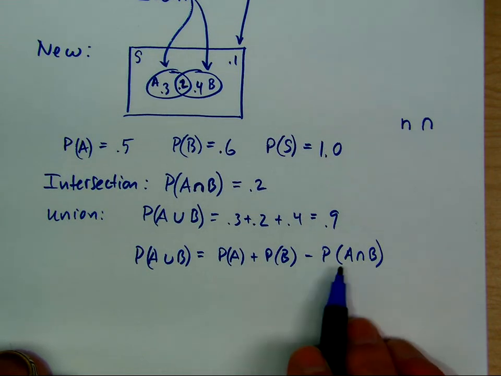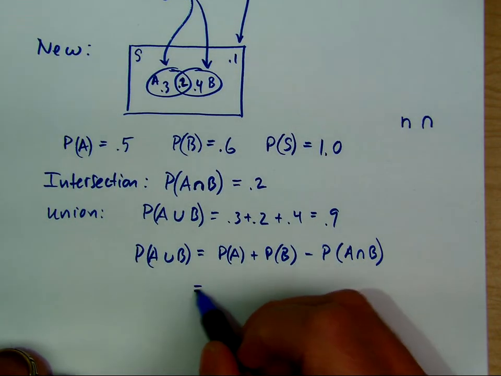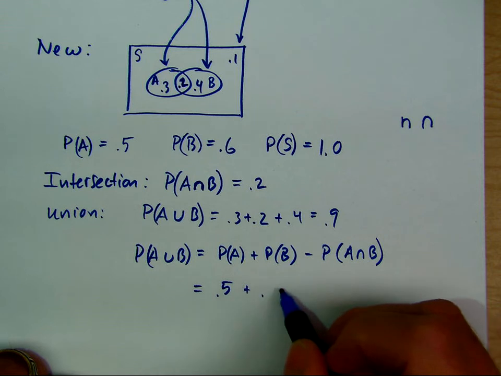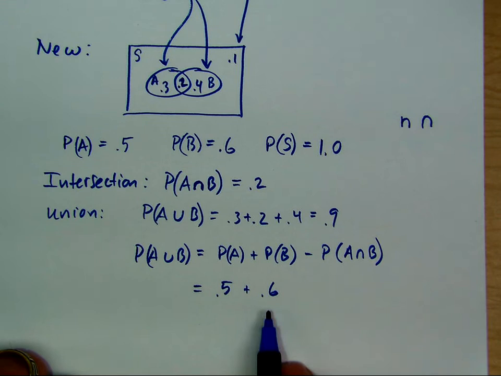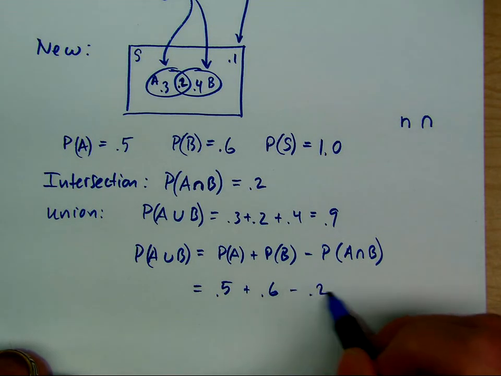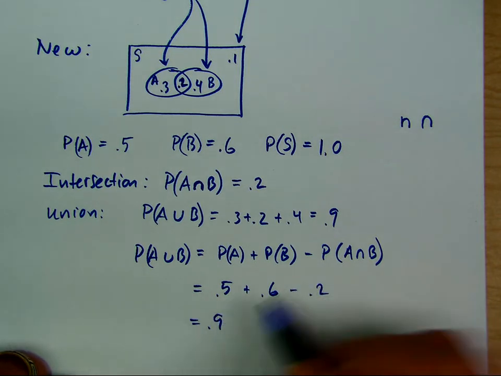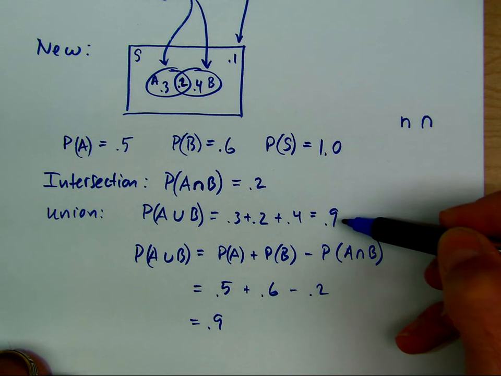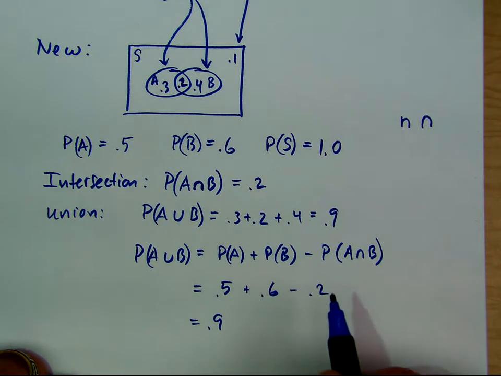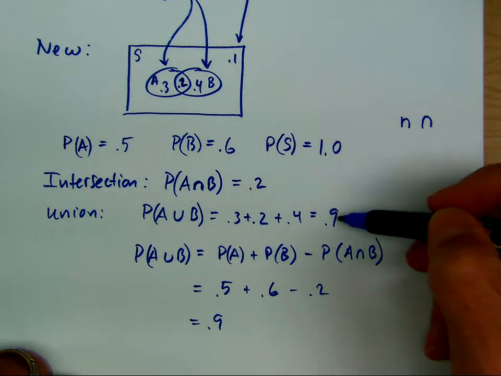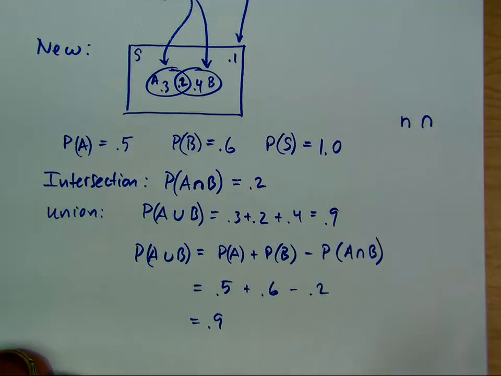That's why we have to subtract that. All of A is 0.5, all of B is 0.6, minus the intersection, and we get 0.9. So we can just add up the area in the Venn diagram, or we can also use a formula.